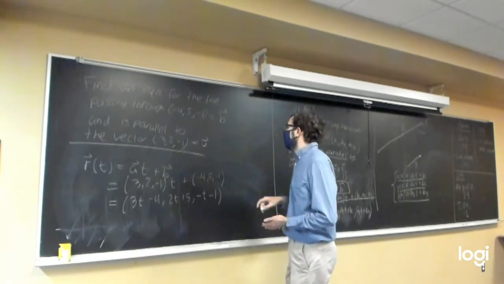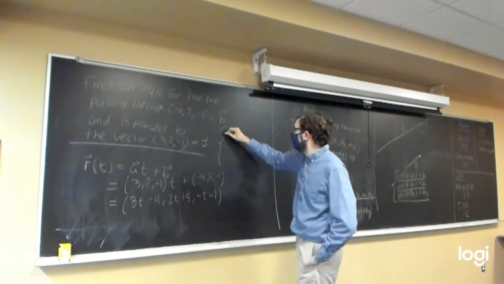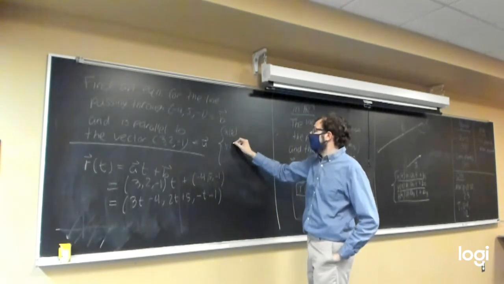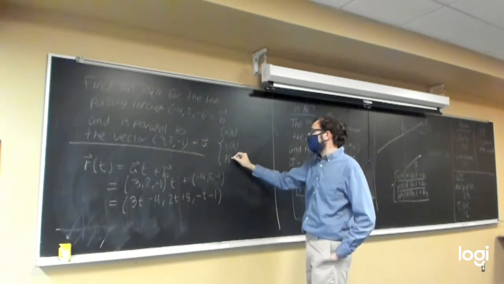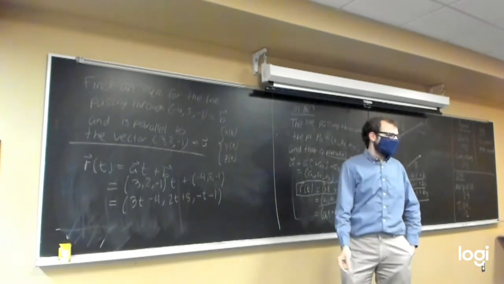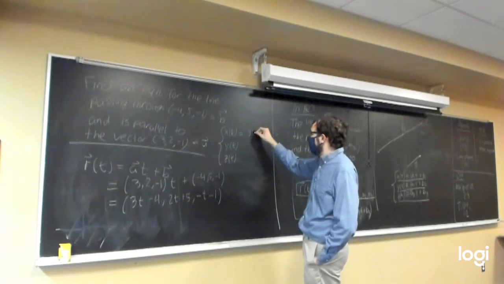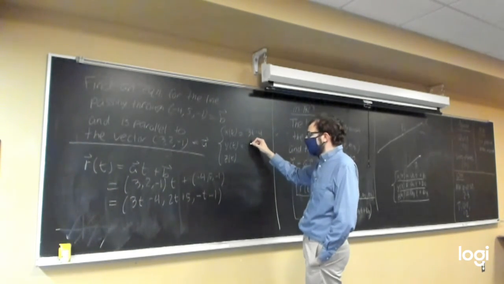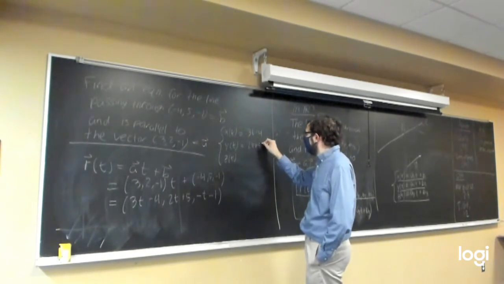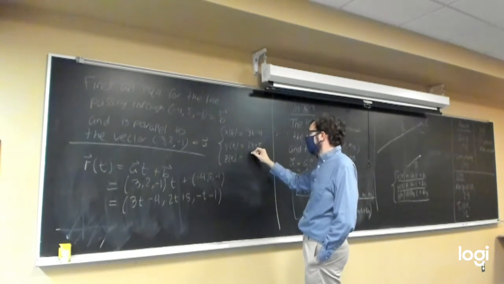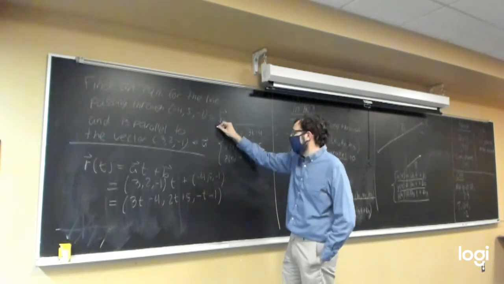If we were to write that out in parametric coordinates, we would just peel off the first, second, and third coordinates of this expression respectively. So x(t) is 3t - 4, y(t) is 2t + 5, z(t) is -t - 1.